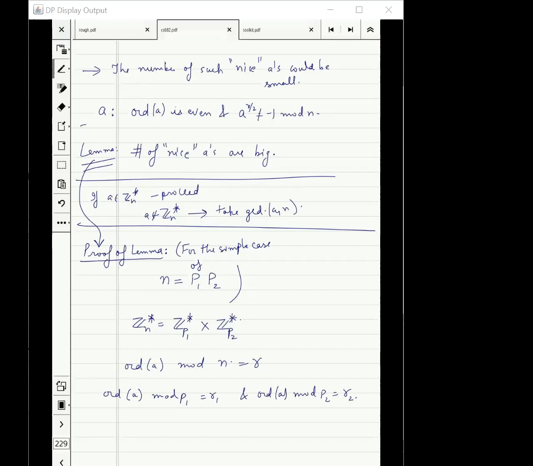If I have control over R1 and R2, then I can figure out the properties of R. Remember, what we need is that R is even and A to the R/2 is not equal to -1. Okay, so first question: suppose I know the order of A mod p1 which is R1 and the order of A mod p2 which is R2, then what is R in terms of R1 and R2?